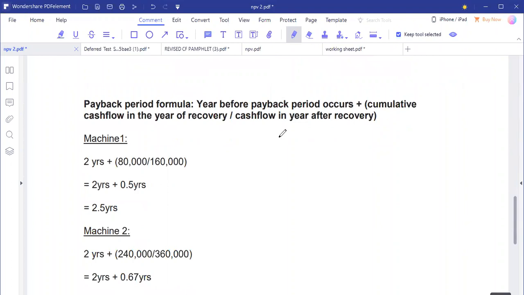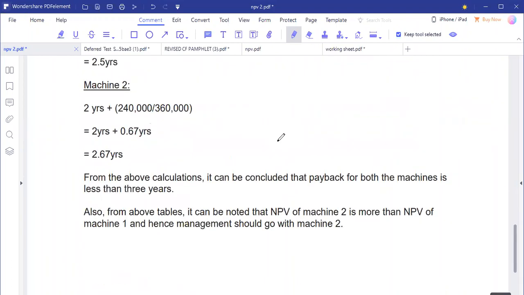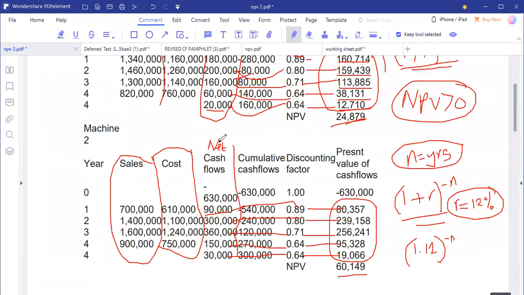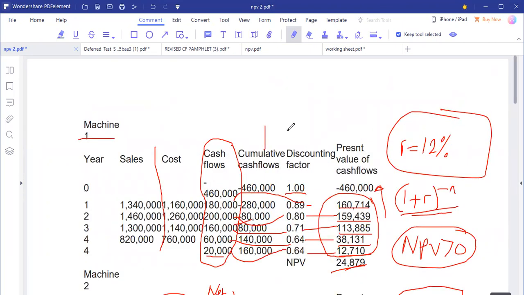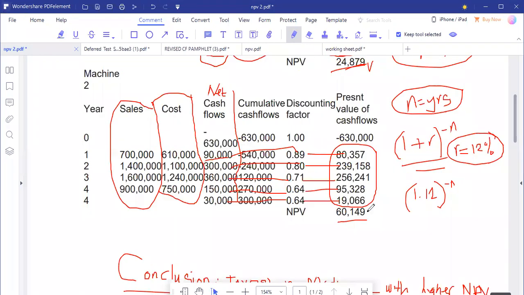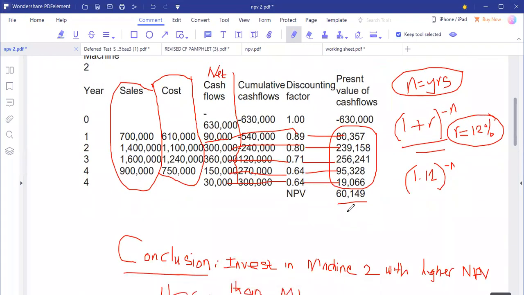Unless there are any other questions that people would ask concerning these two machines. All right, so we have looked at the NPV for machine 1 is 24,829. This one is 60,149. So we are to invest in machine 2 with higher NPV.